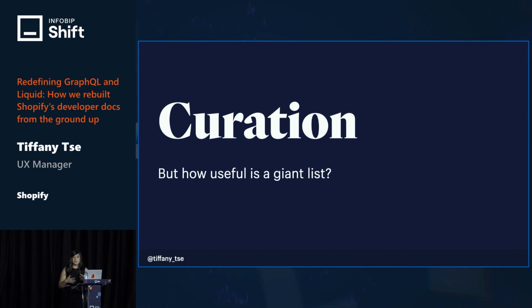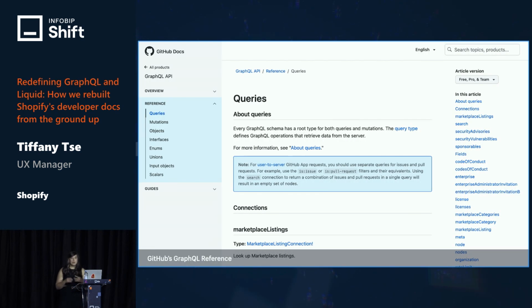So when you look at a typical GraphQL reference, it's generally just a giant generated list from the schema. It's not really that helpful. It doesn't really match our mental model of the type of information that we're looking for when we're building. So most GraphQL schemas, this is GitHub's, just spit out things like queries, mutations, objects, and other GraphQL types.